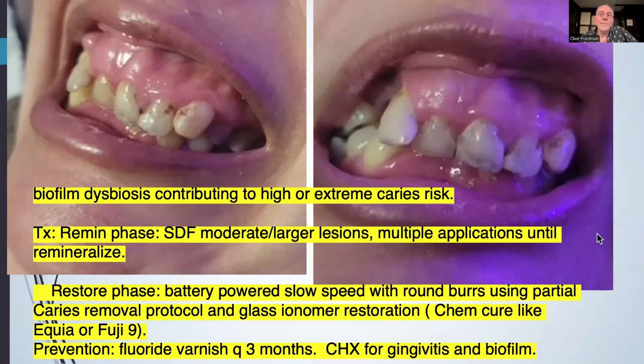So I'm not going to go into the detail of this specific dental terminology here, but essentially a cavity occurs when you have what's called biofilm dysbiosis. Biofilm dysbiosis essentially is just where the bacteria in the mouth are much more cavity producing than cavity preventing.